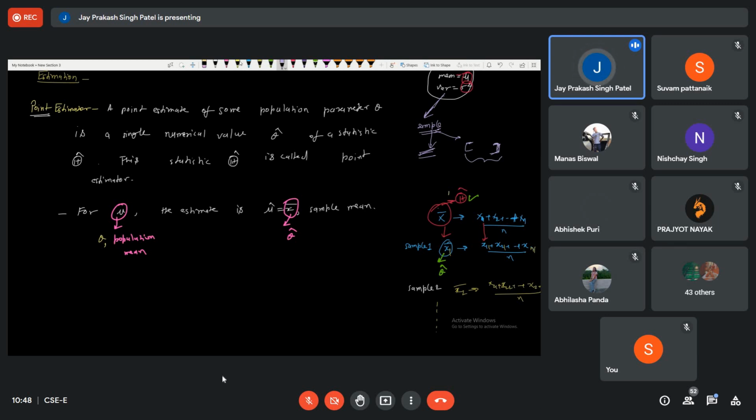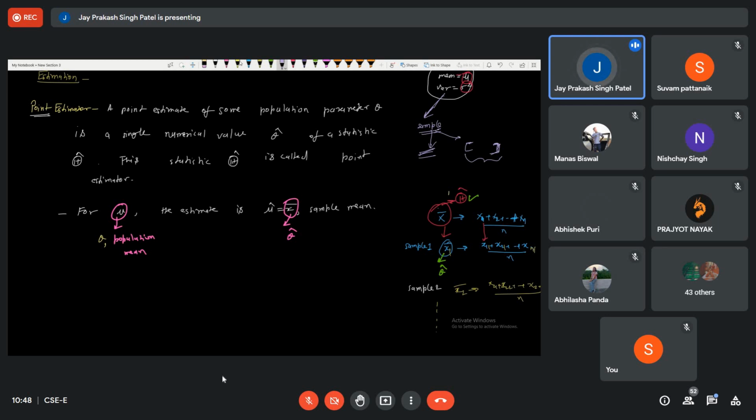So for the first sample, let's say I have mean x1 bar, right? I'm using the same function, capital X bar, which is defined as the sum of all the n individuals divided by n. But when I draw a sample for the first time of size n, I may get the value x1 bar. When I draw the sample for the second time of the same size, I may get x2 bar, which is not necessarily equal to x1 bar.